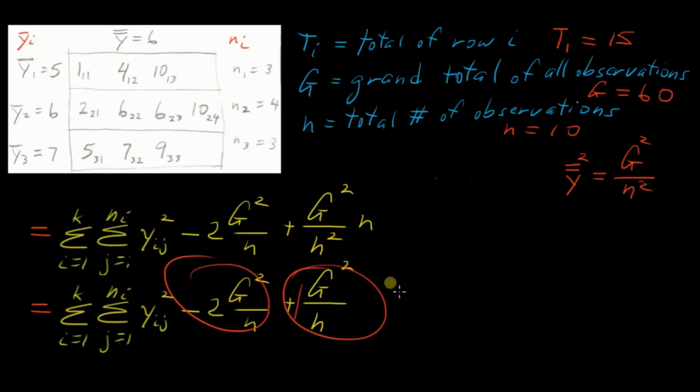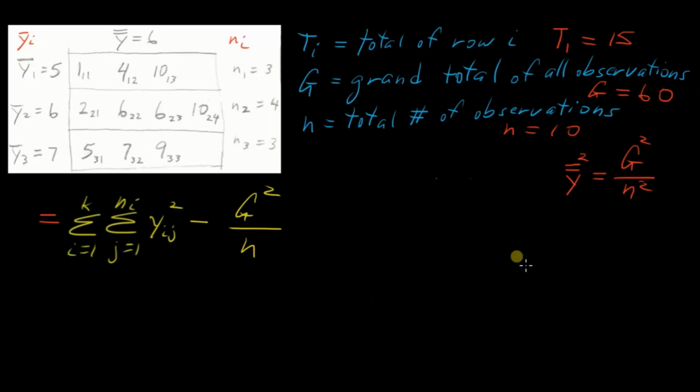So these are both going to turn into negative G squared over N. And here's what that looks like, and this is now the computation formula for SST. And if you try the defining formula by hand and try this by hand, you'll see this is a whole lot easier.